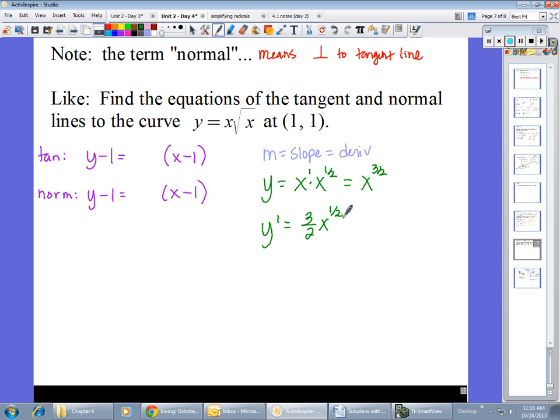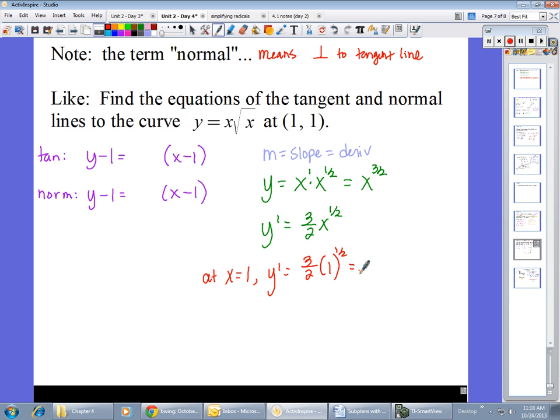That's not the slope of our lines. So now we have to evaluate this and say at x equals 1, then y prime would be 3/2 x to the 1/2. Sorry, not x. What is x? 1. So substitute in a 1 for x.